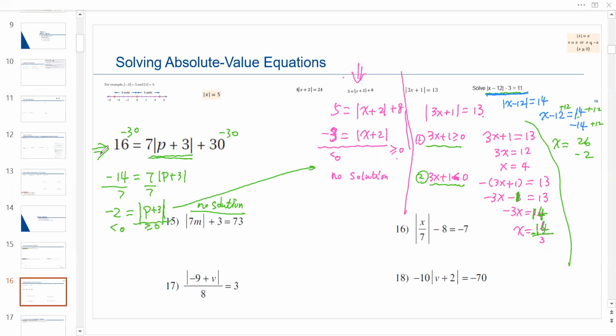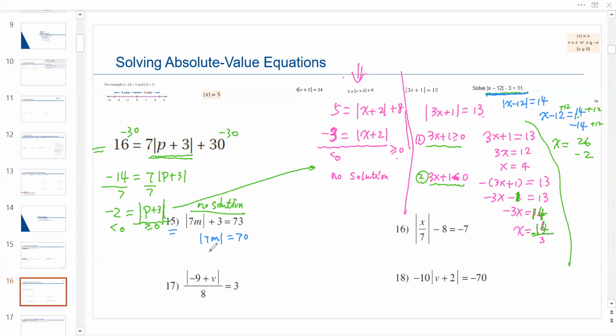Okay, let's do a little bit further. Let's see the example for number 15 here. Both sides minus 3. So the absolute value of 7m equals 70.